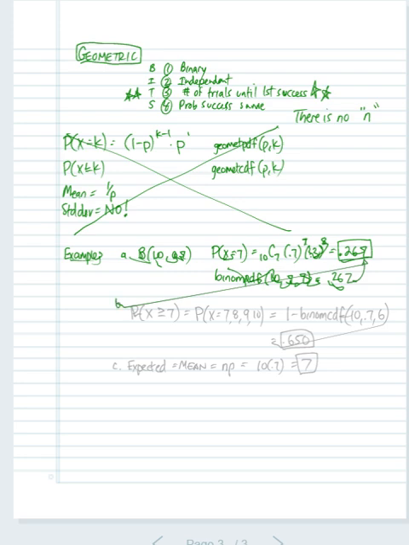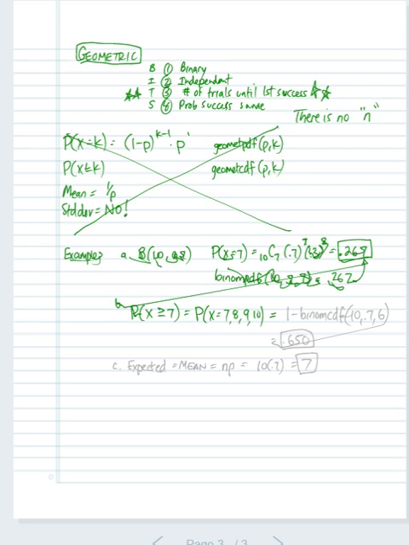Now, part B says, how likely is it that he will make 7 or more free throws? Think about this. The probability that x is greater than or equal to 7, that is 7 or more. So what I'm really looking for is the probability that x is 7, or 8, or 9, or 10. Now, I could find each one of those individually and then add them all up.